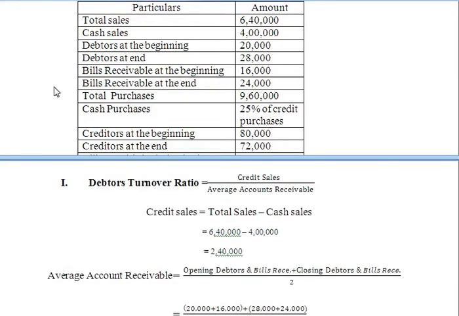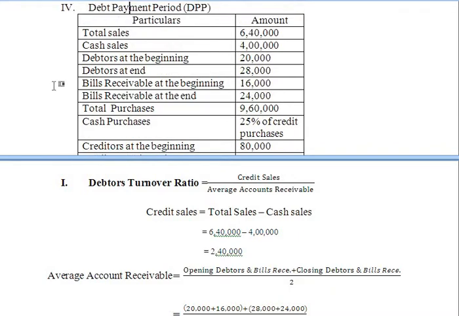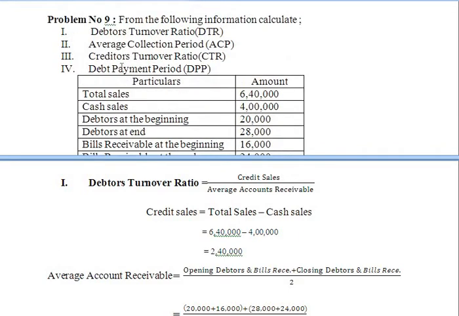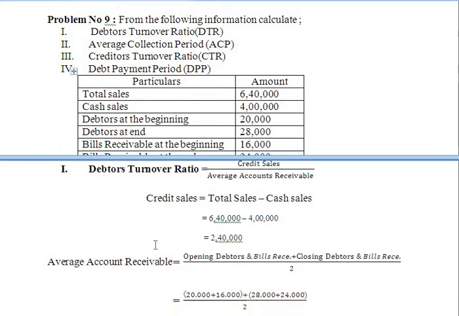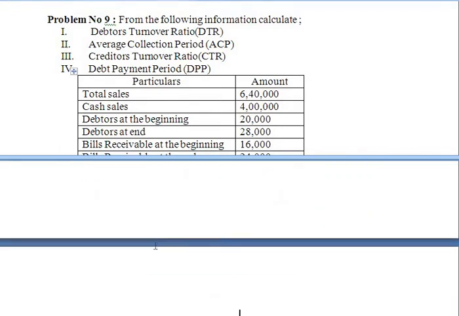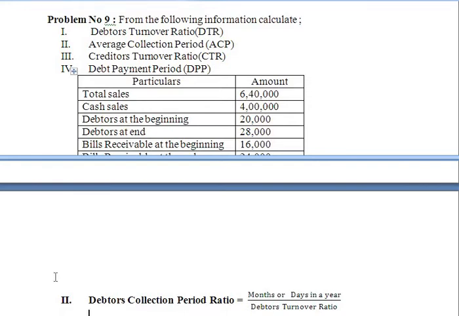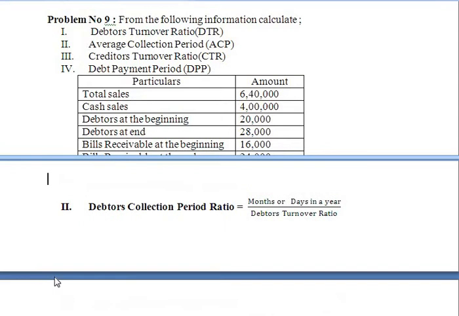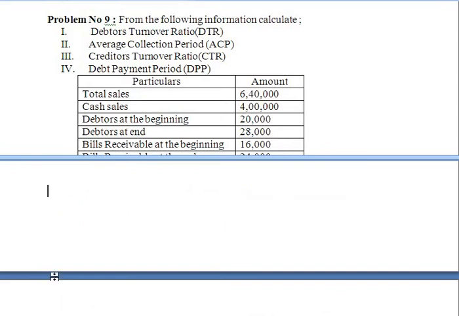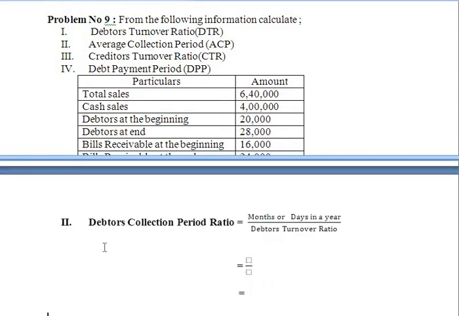Now what is the next question? We need to calculate the second ratio, that is average collection period. And what is the formula of average collection period or debtors collection period? So right here, debtors collection period or average collection period ratio is equal to months or days in a year divided by debtors turnover ratio.